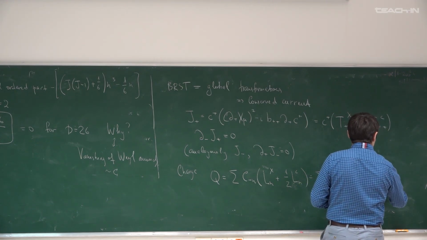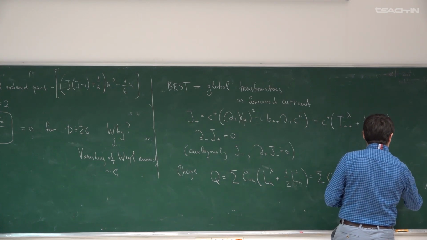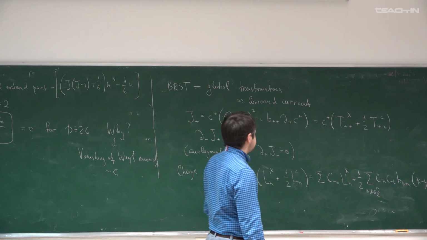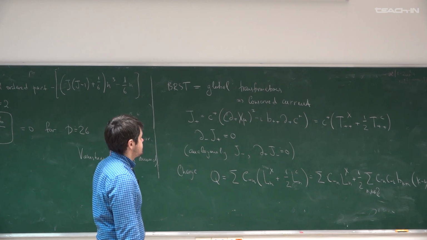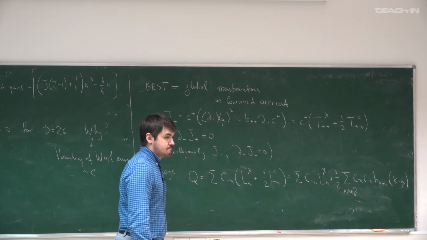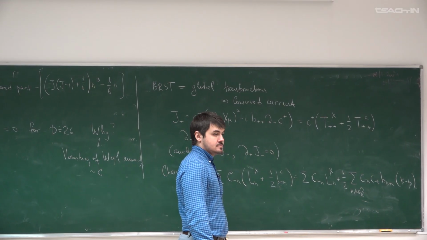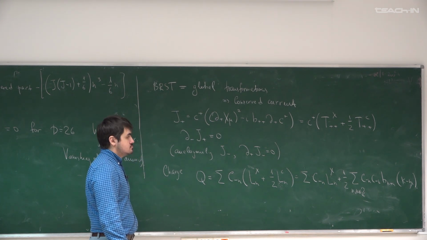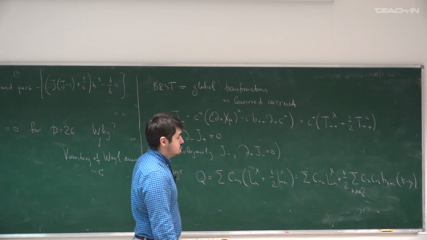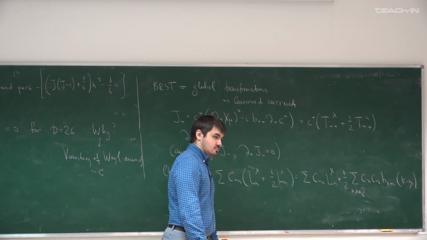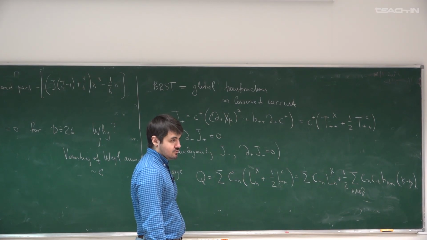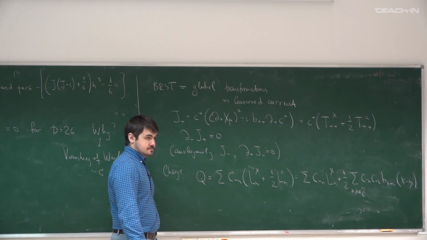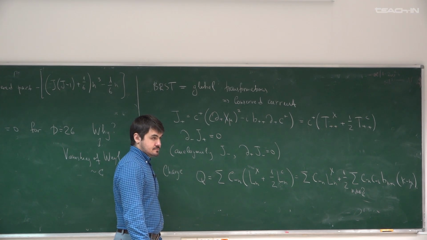I'm sorry, is the expression in the brackets conserved? Is it not conserved? The T X plus plus 1/2 T C plus plus, is that not conserved? Like T minus of that thing is not 0? No, the minus of that is 0. Why? But then if we act on that thing with T minus, it will just leave T minus C plus times that thing equals 0. Yeah. But D minus C plus is 0 by the equations of motion. Sure, but I think that we know both of these. We've proven this for the energy momentum tensor just now, and we know that from the equations of motion.